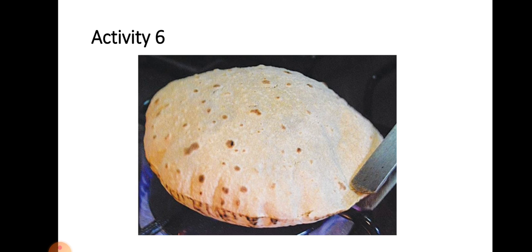And in activity 3, we make the roti and we can get the ball of dough again. But in activity 6, after we bake it, we cannot get the ball of dough, isn't it?